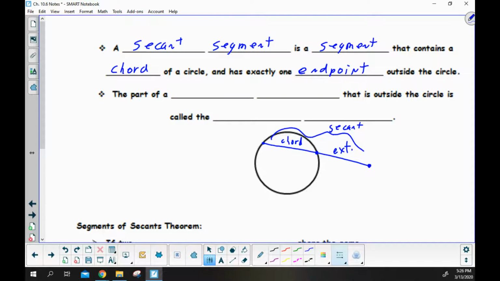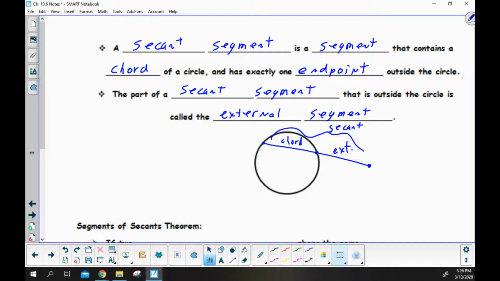So the part of the secant segment that is on the outside of the circle is called the external segment, which I just referenced, the external part, and I use EXT just to write it out.